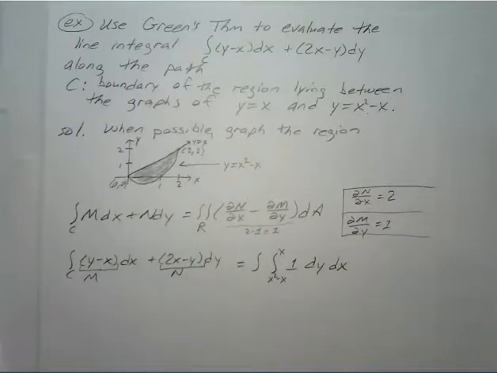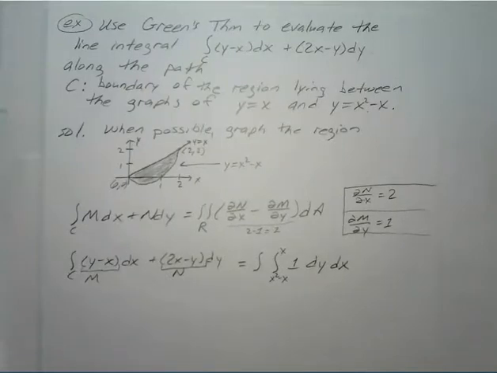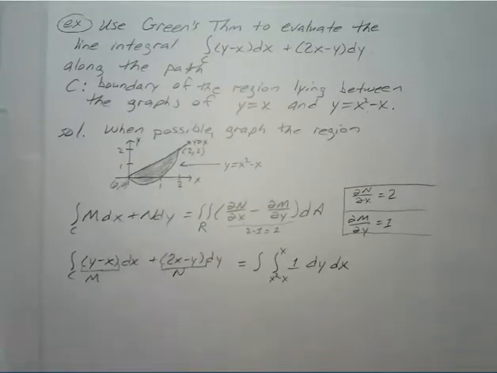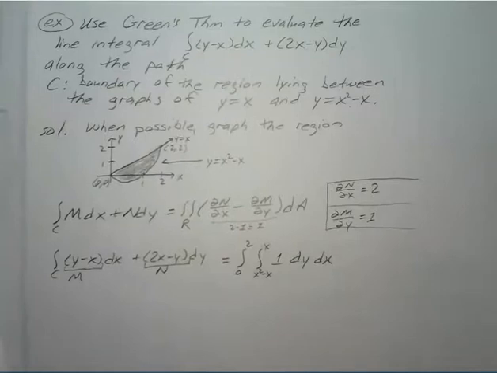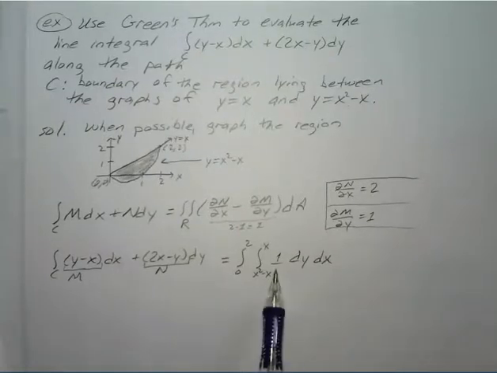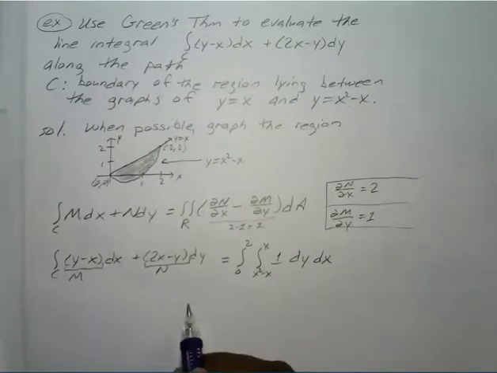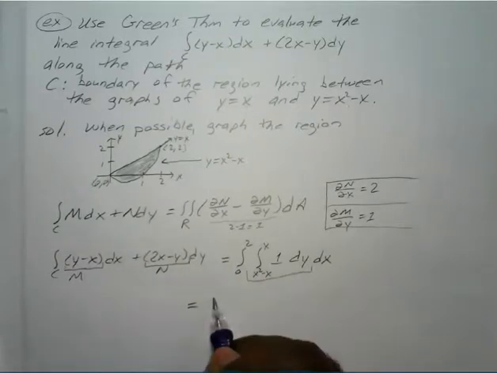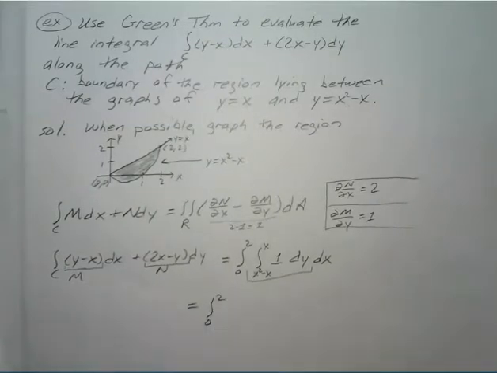And for our dx, we can see that our x goes from 0 to 2. That's why drawing it helps, if possible. So from there, we just go ahead and integrate. Starting right in the middle, the integral from 0 to 2.